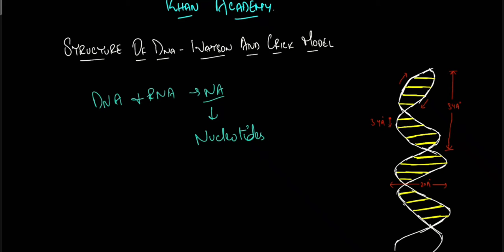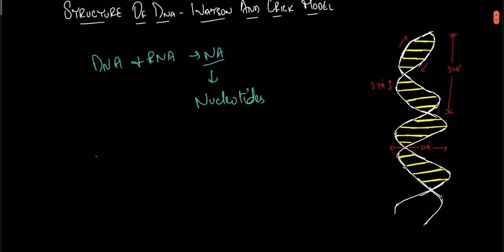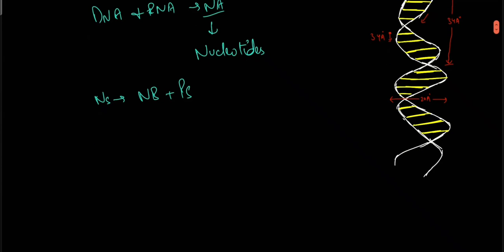A nucleoside is basically a nitrogenous base, that is purines and pyrimidines, adenine, guanine, thymine, cytosine, plus a pentose sugar. While a nucleotide, in addition to the nitrogenous base and pentose sugar, also contains a phosphate group.